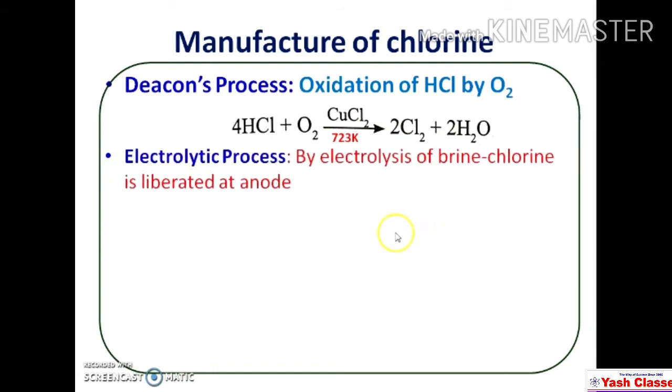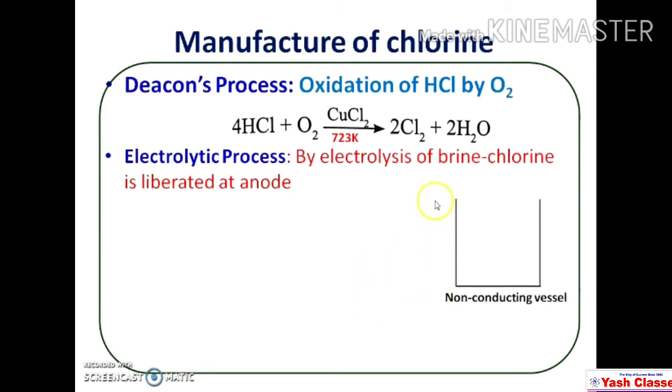Very simple reaction. Another important method is electrolysis process. By electrolysis of brine, a aqueous solution of sodium chloride, there is a liberation of chlorine at anode.